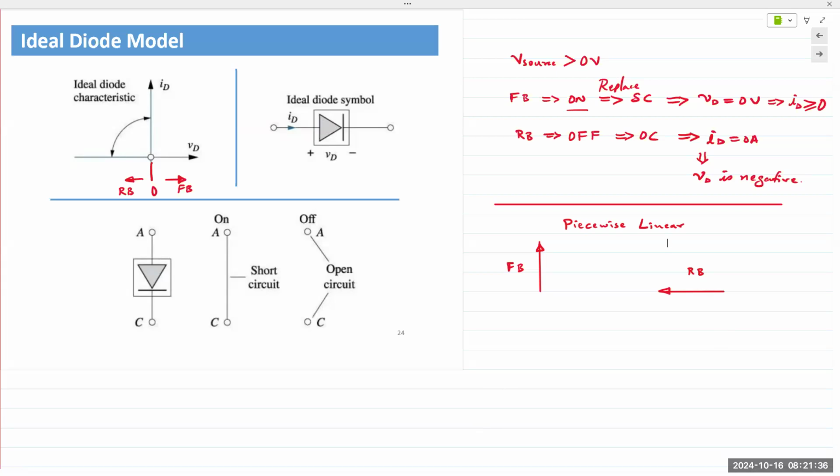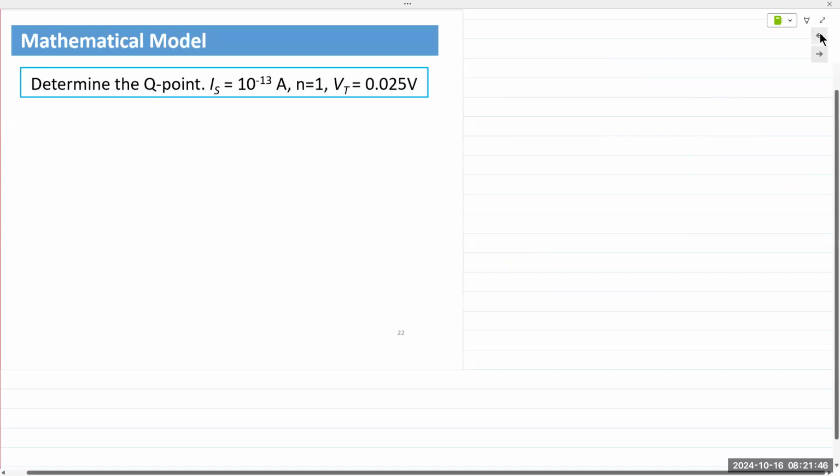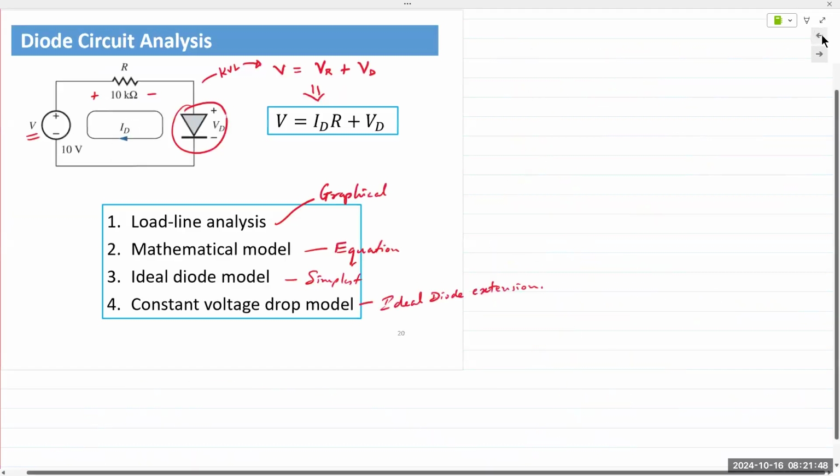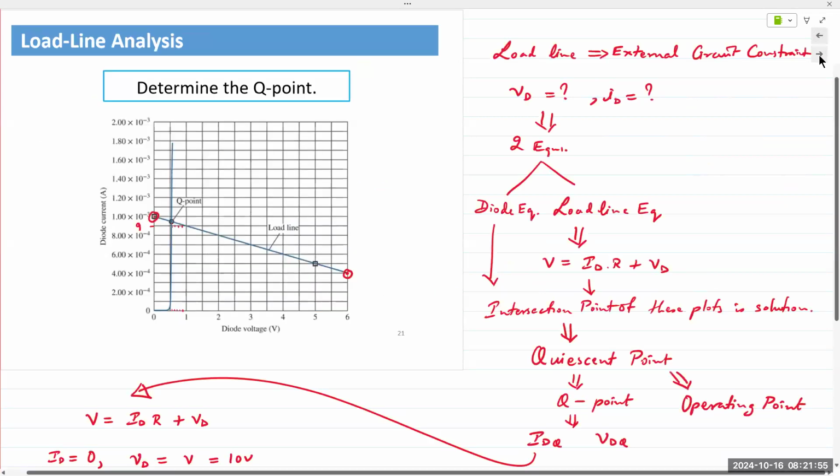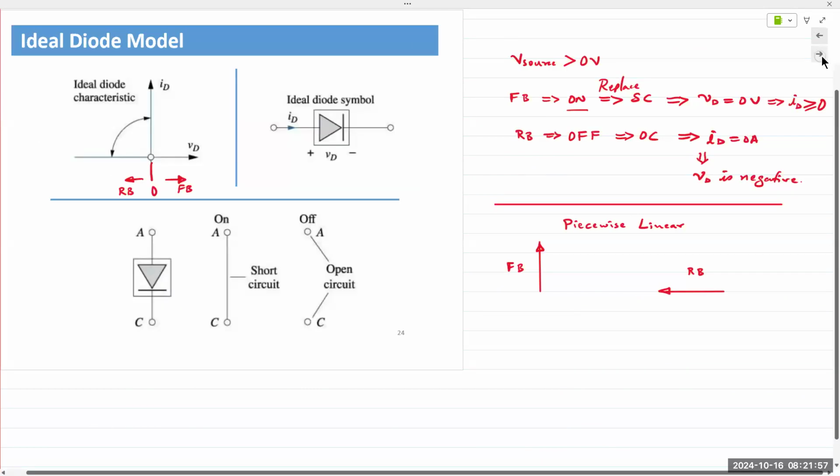All right, so let's apply it to the example circuit that we presented in the previous slide. This one, right? We have one diode. Let's first assume that the diode is forward biased.